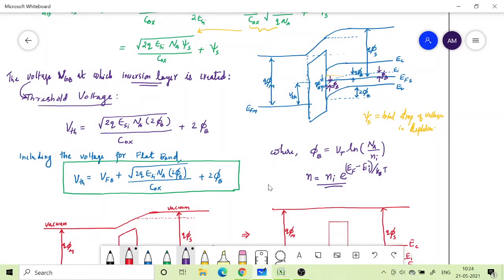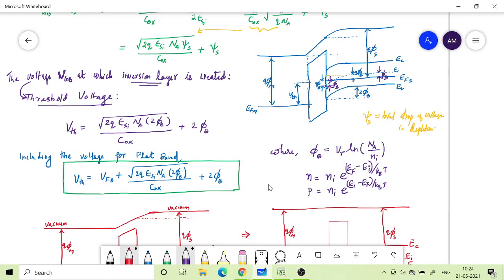So holes we can write like this: the number of holes is Ni into e raised to EI minus EF by kT, right? If EI is above EFS, there are going to be a large number of holes, and how many is determined by this expression.